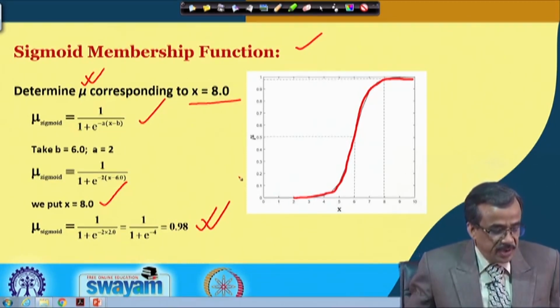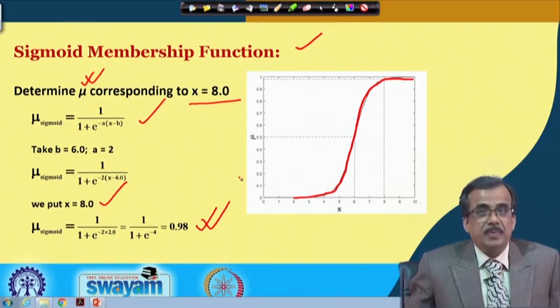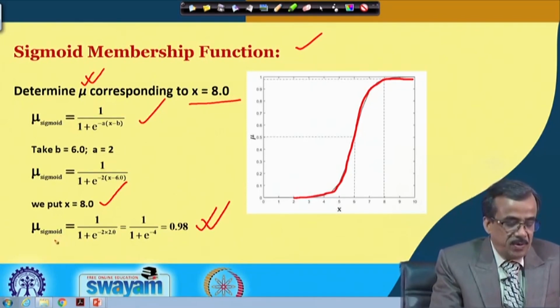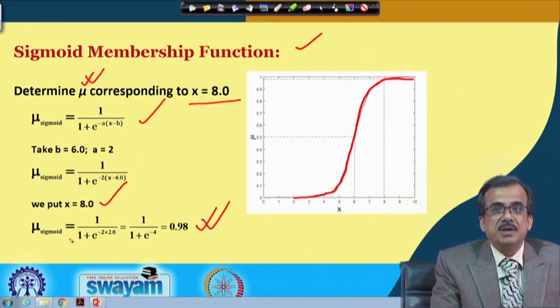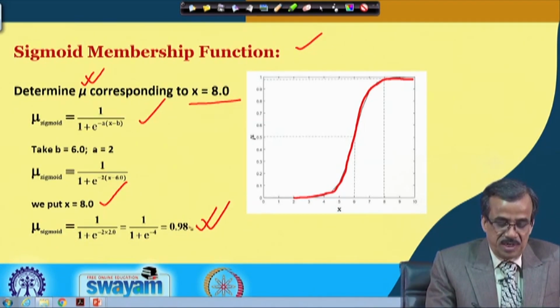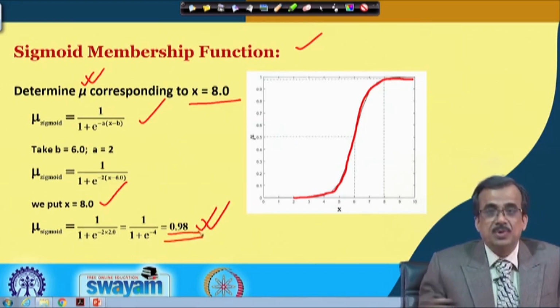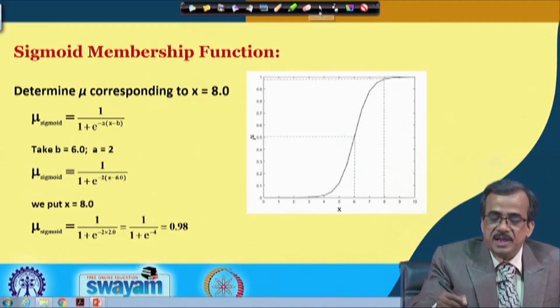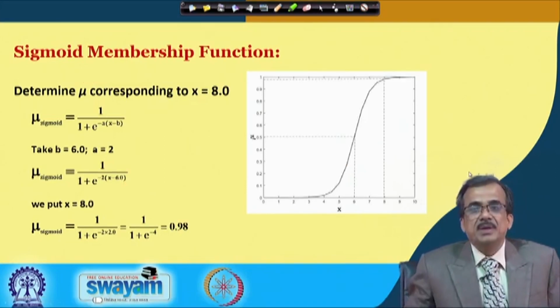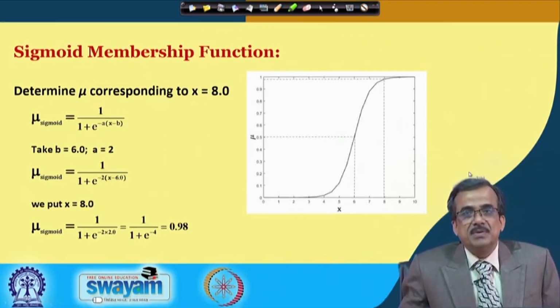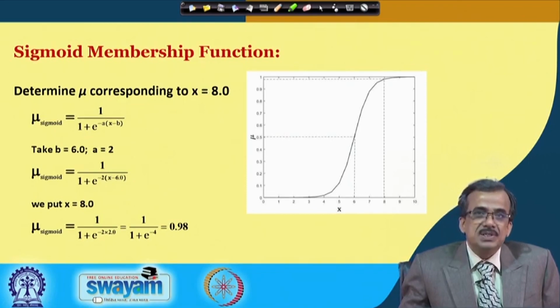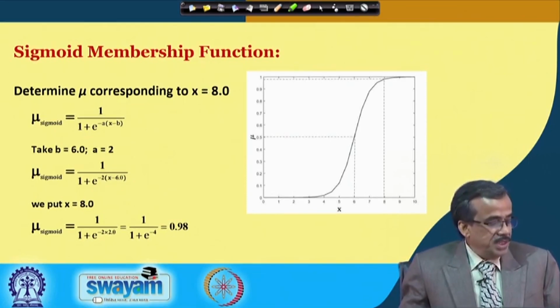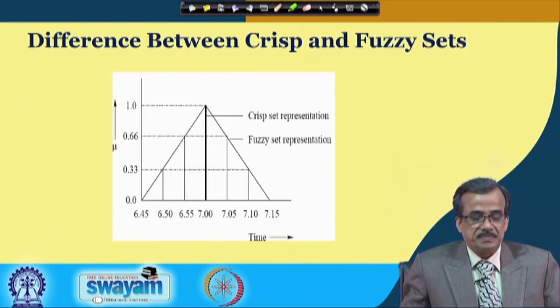So, corresponding to x equals 8.0, we are able to find out the value of mu for the sigmoid membership function distribution, and that is coming to be equal to 0.98. So, this is the way we can determine the membership function value for various distributions used for representing the fuzzy sets.